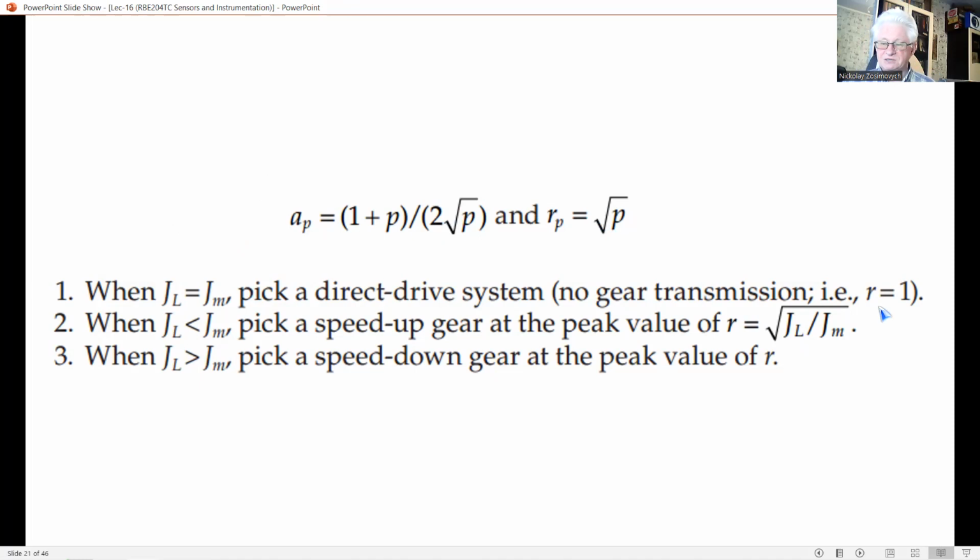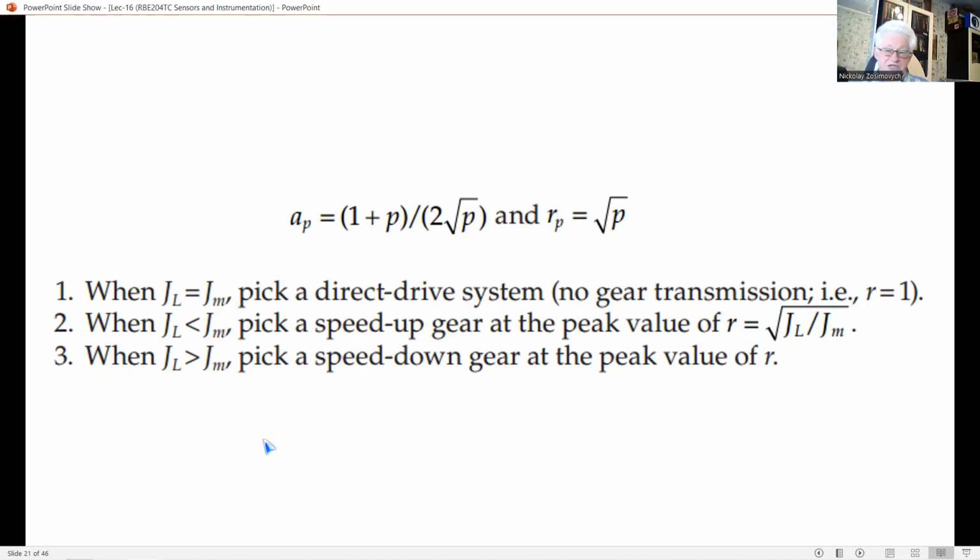In particular, we can state the following with all these three expressions. When J sub L has the same value as J sub M, we pick a direct drive system, where R equals 1, meaning no gear transmission.